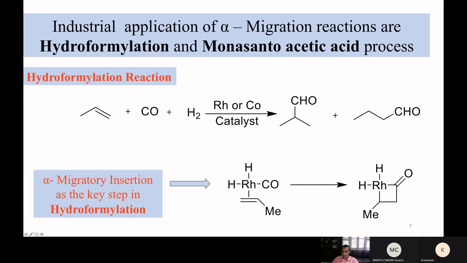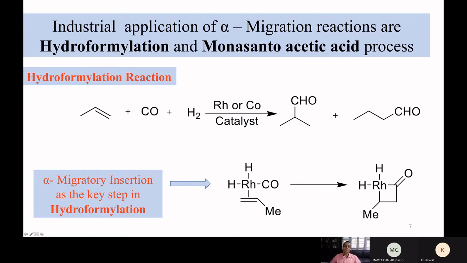This is where this exciting transformation is going on, and this hydride will then transfer to this alpha position of the carbonyl to give you the aldehyde, right? So this is the intermediate for the terminal aldehyde.